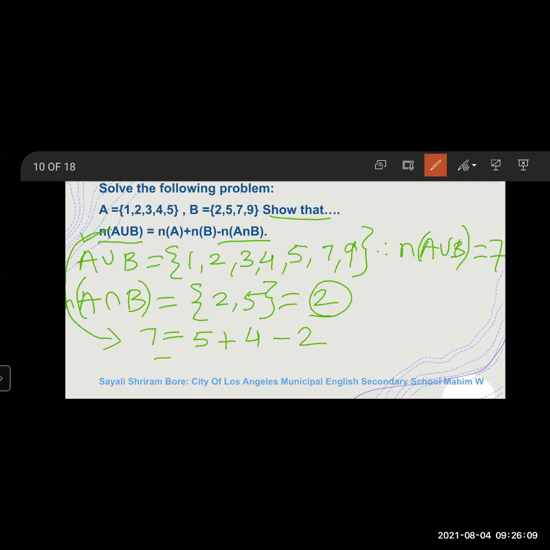So 7 is equal to 5 plus 4, which is 9, minus 2. 9 minus 2 is how much? 7. So here, hence verified.